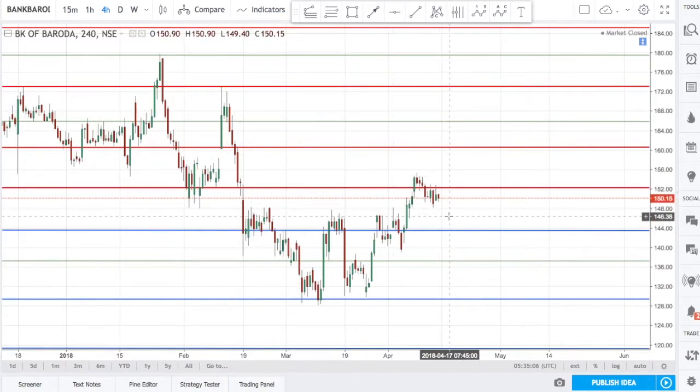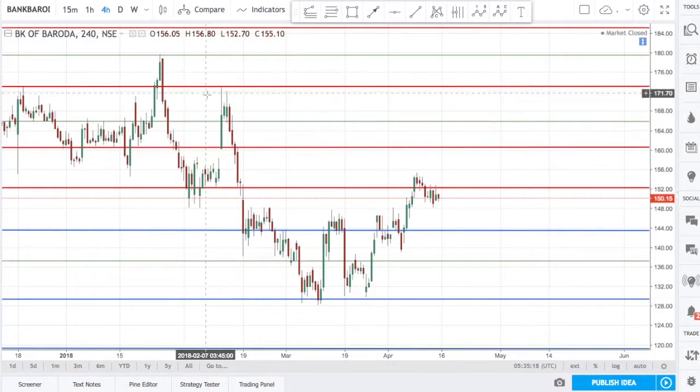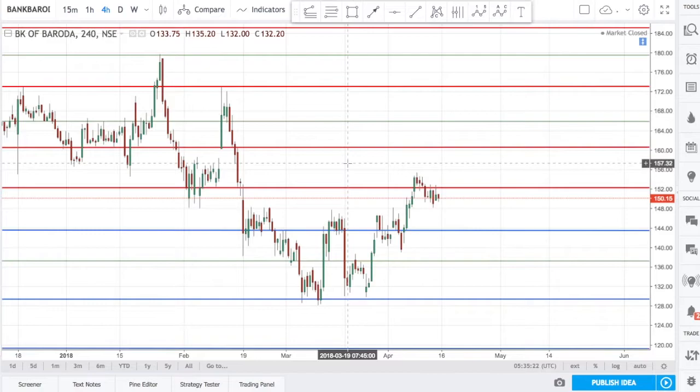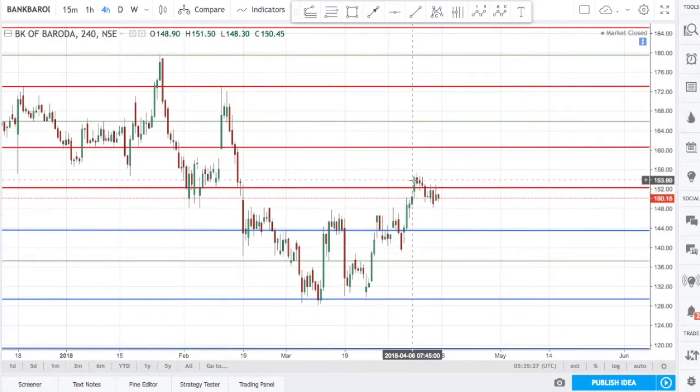And this pattern is not violated yet. How can you understand? The lower low, lower high pattern is not violated yet because this lower high here is not yet broken by this move here. Okay, so we have our downtrend intact.